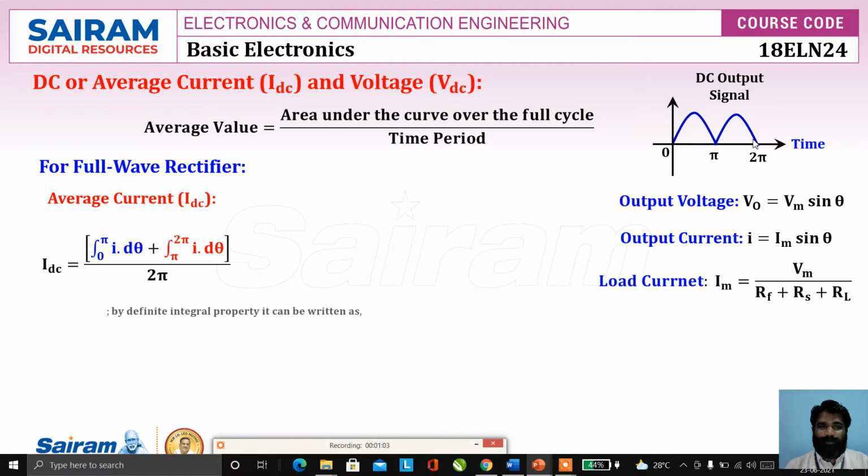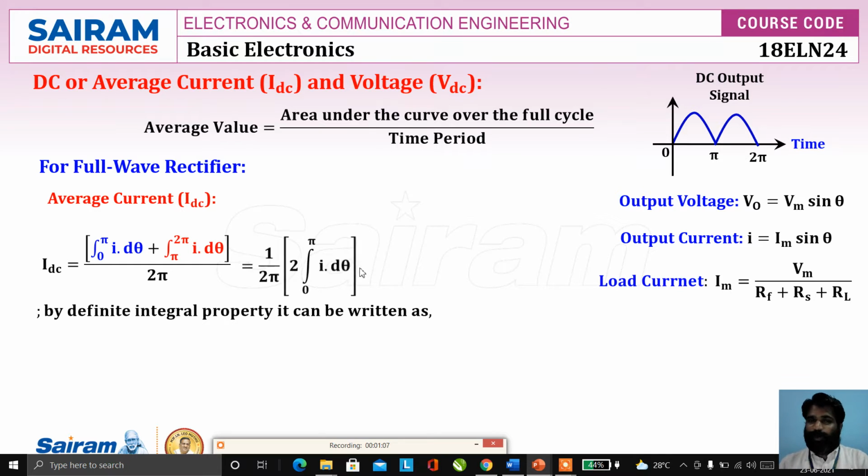So by the definite integral property, it can be written as 2 times the integration 0 to pi I d theta, with 1 divided by 2 pi outside the integration.